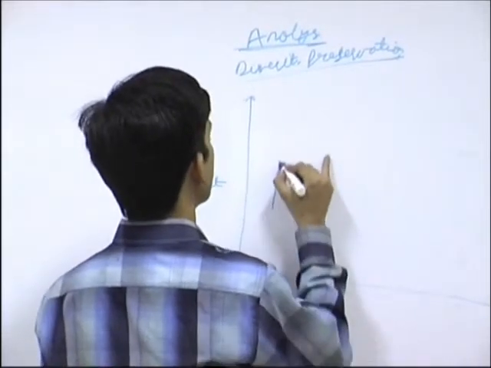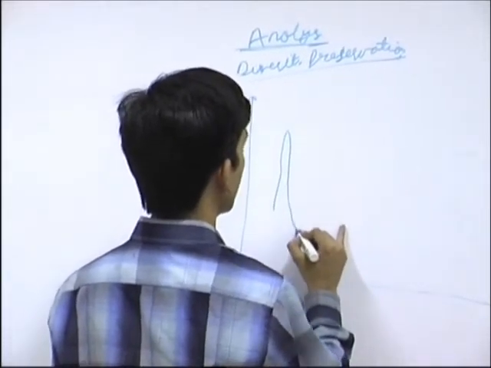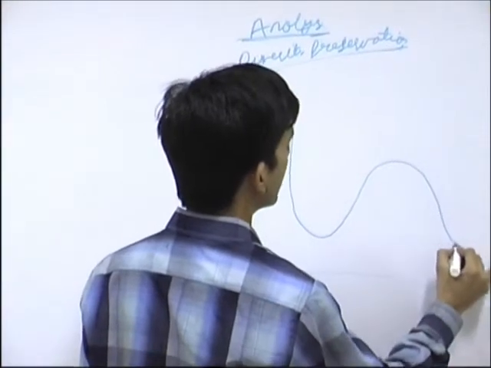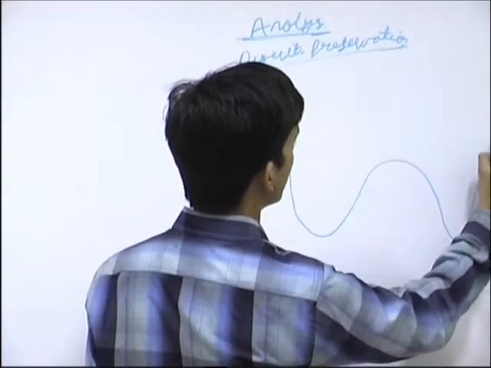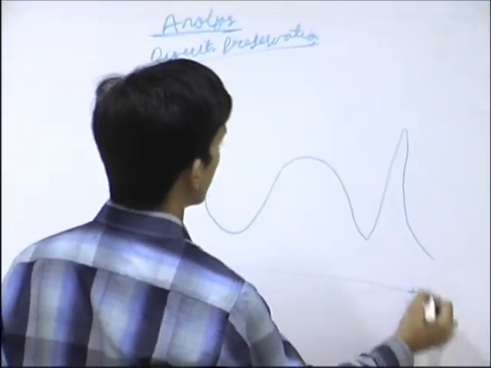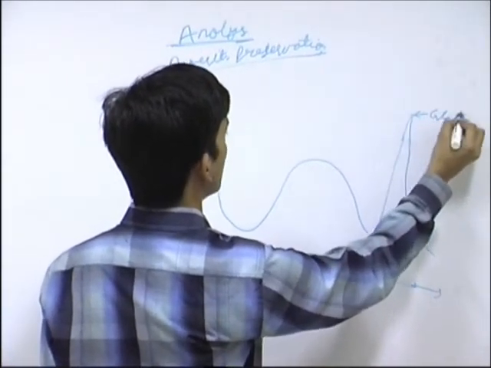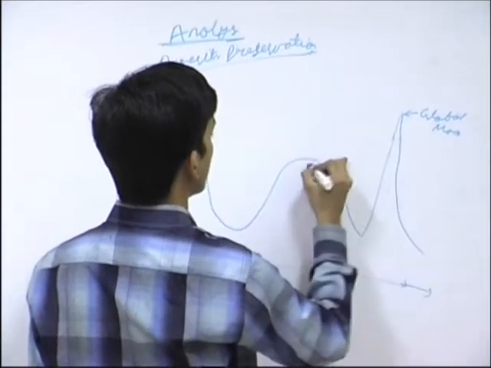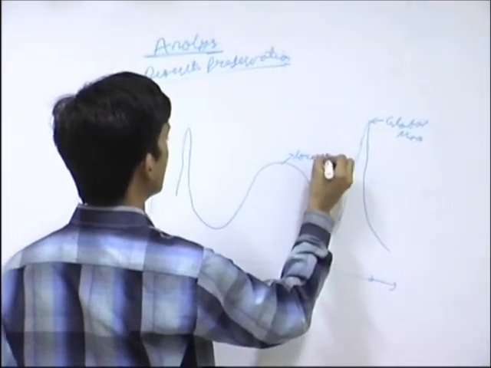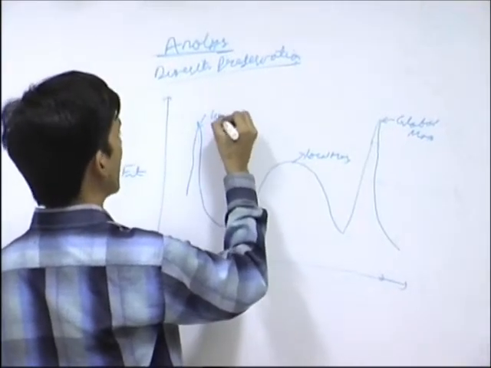So let me say there was something like this, followed by something like this, and followed by something like this. This is what is known as a global maxima. This is a local maxima, and this is a local maxima.